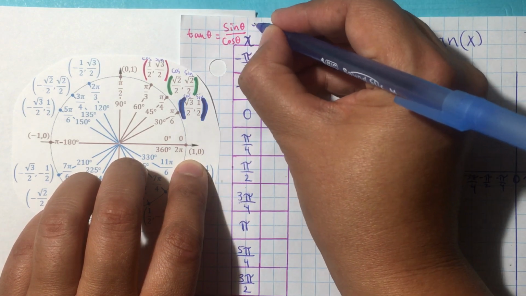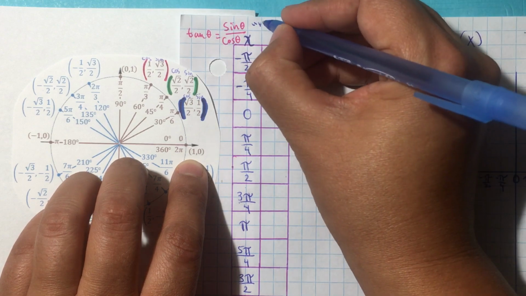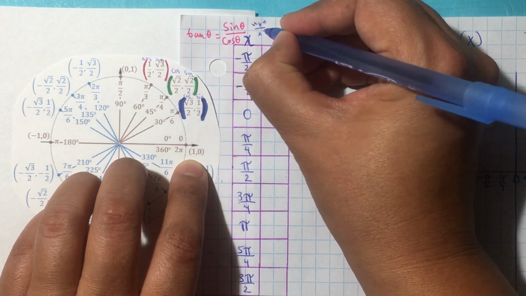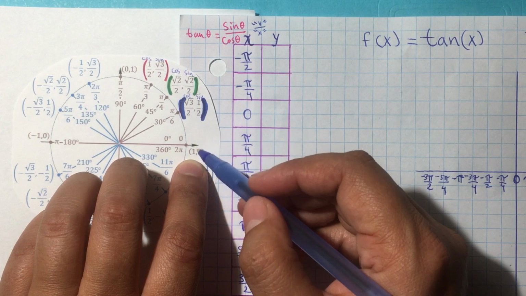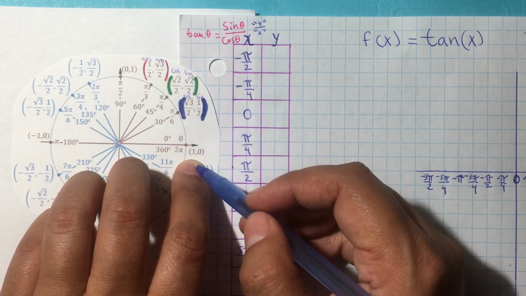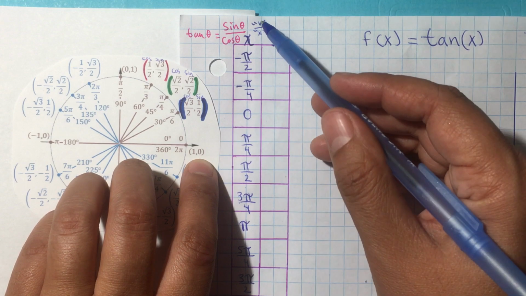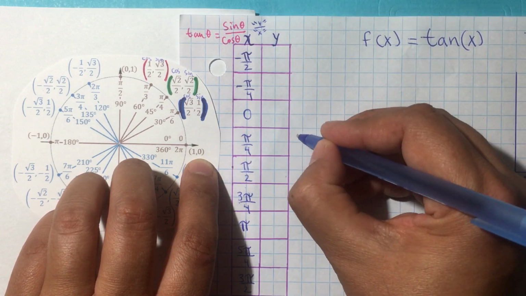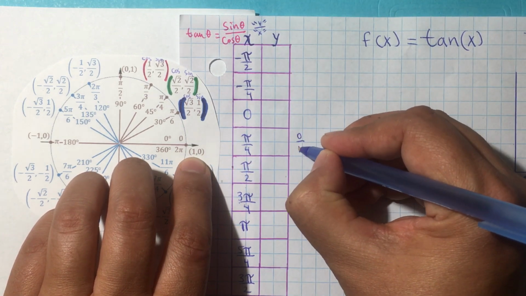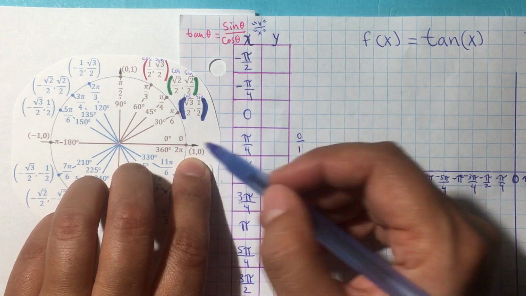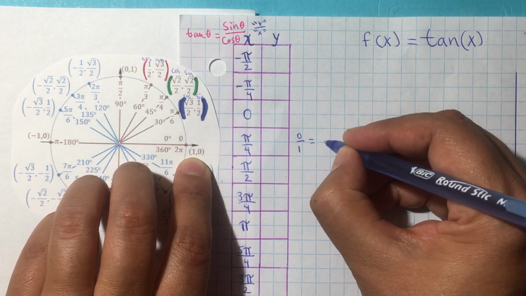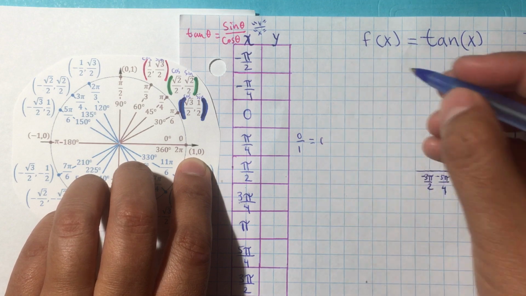So that is the y value over the x value on those cosine and sine ratios. For 0, it's going to be y value, 0, over 1, which is the cosine of 0. And so 0 divided by 1 is 0.